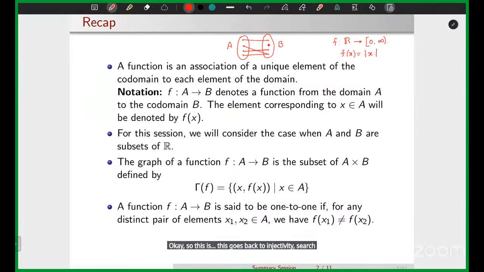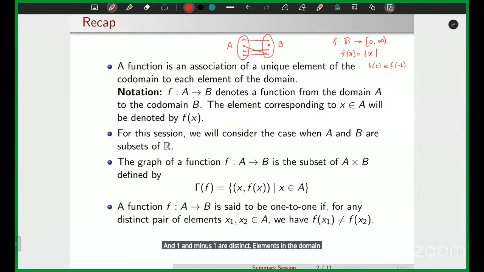Now, injectivity I have not talked about. Is this function injective or one-to-one? No, sir. Can you give me a couple of elements which are mapped to the same thing? 1 and -1. So f of 1 is equal to f of -1, and 1 and -1 are distinct elements in the domain.